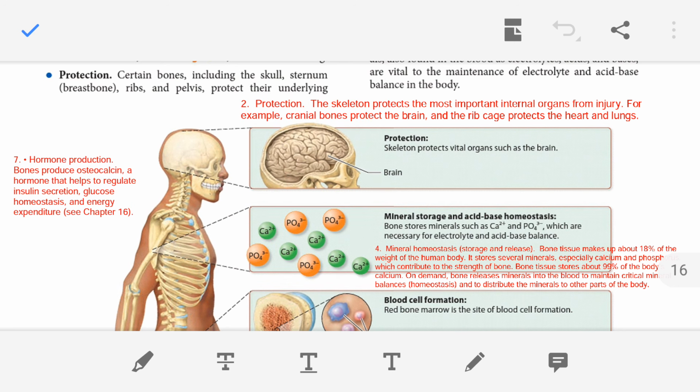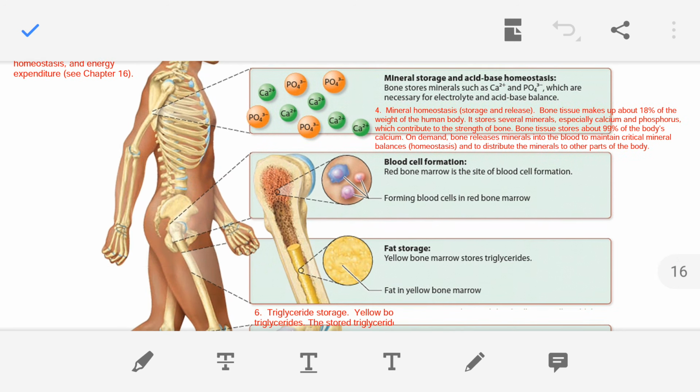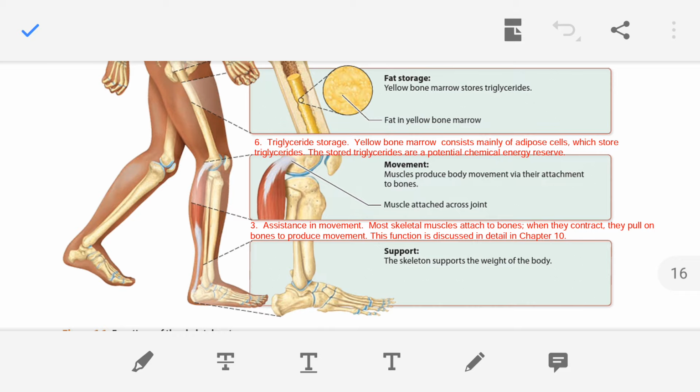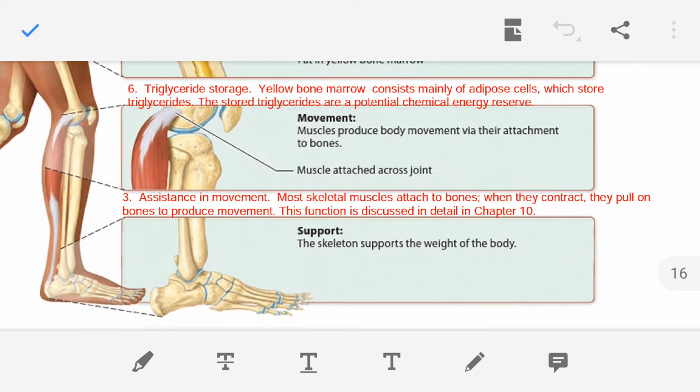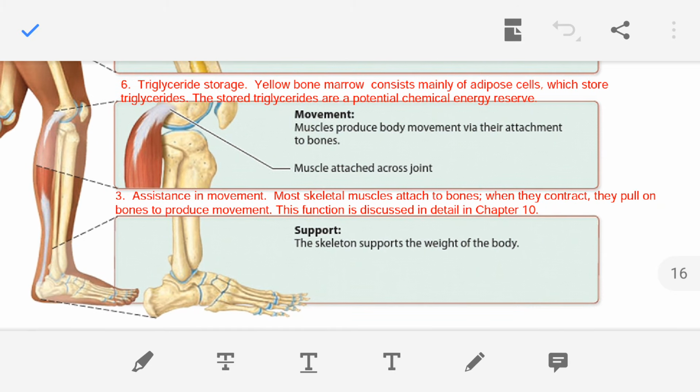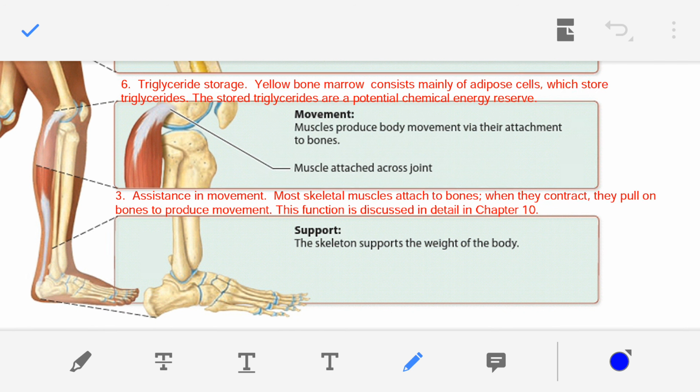Now the third point, assistance in movement. We have seen that most skeletal muscles are attached to the bones.